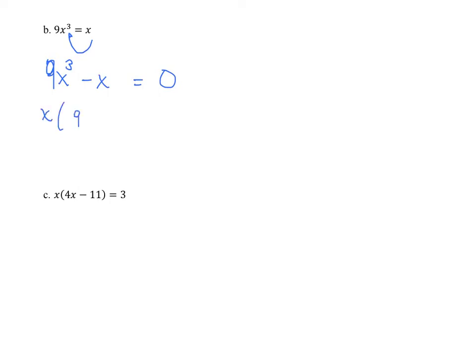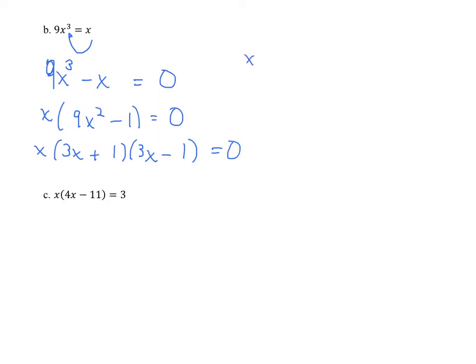So I'm left with 9x squared, take away 1. Good? Then I say, ooh, this is the difference of two squares. So I go 3x plus 1, 3x minus 1, still equal to 0. Now we can set each one of those factors equal to 0.